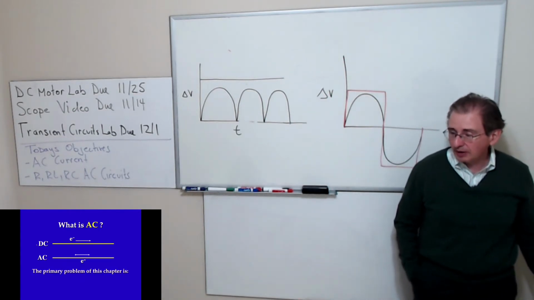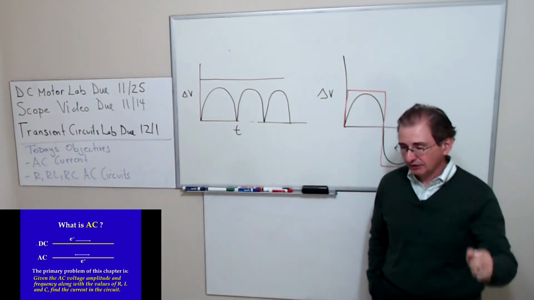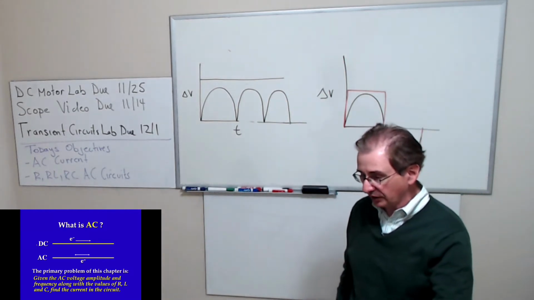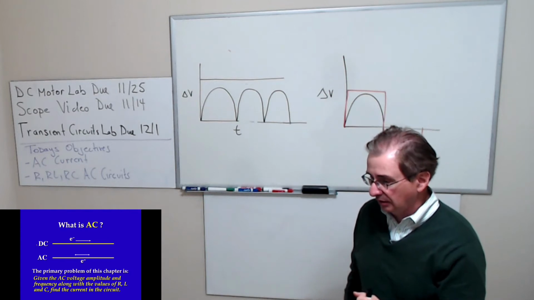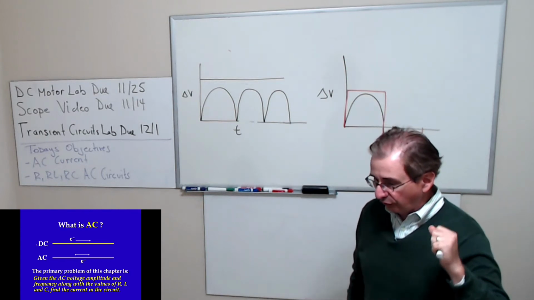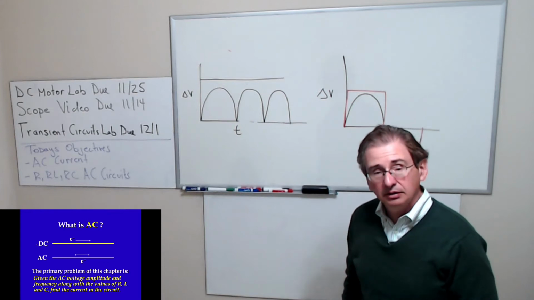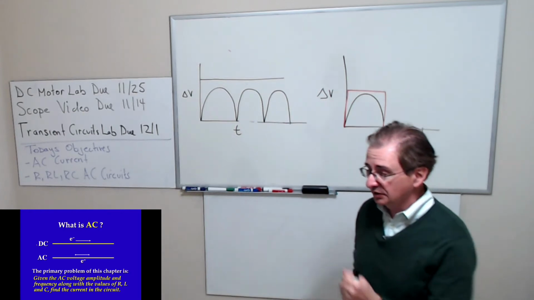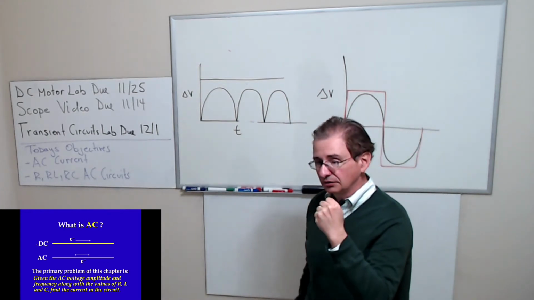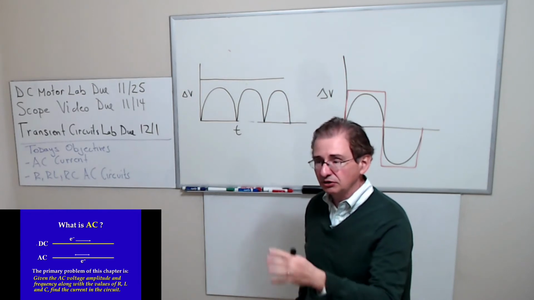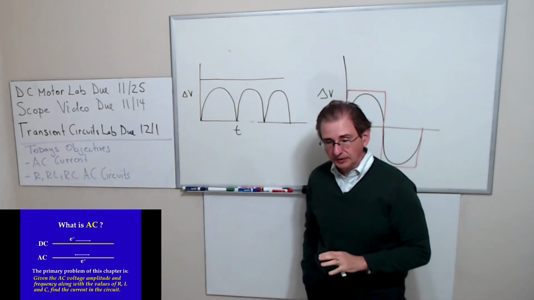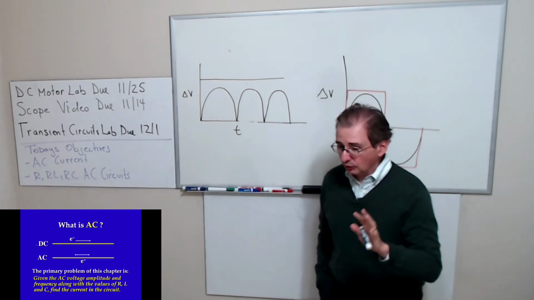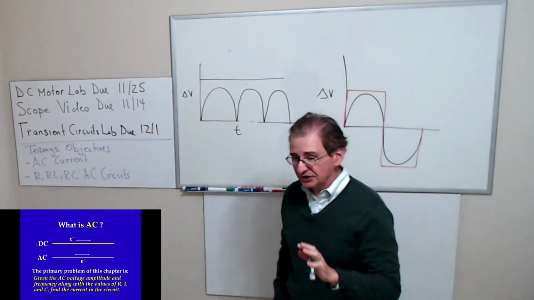So the primary problem in this chapter is: given an AC voltage, we're going to drive our circuit with an AC voltage and find the current in the circuit, whether the circuit has a resistor, an inductor, a capacitor, or any combination of them. We're going to focus on fairly basic circuits.